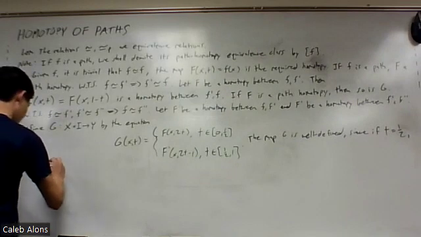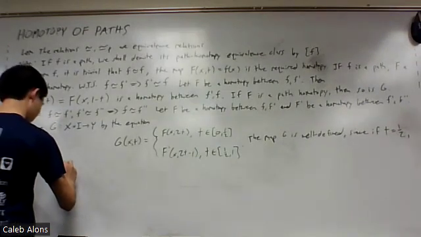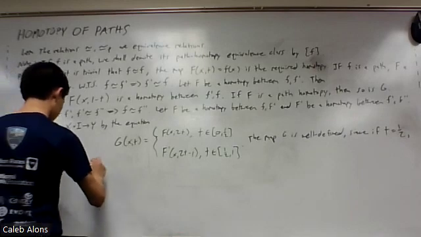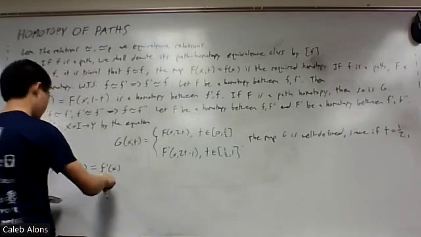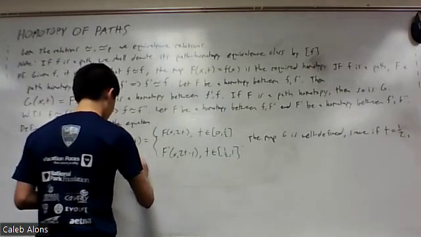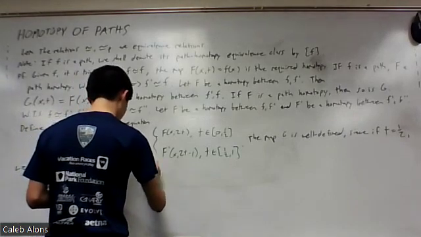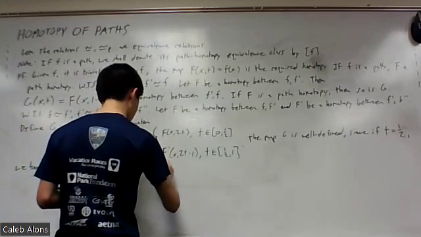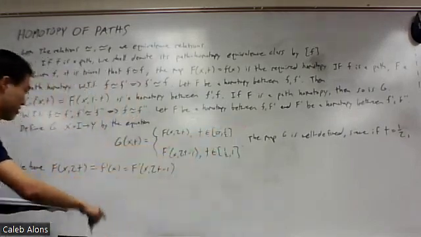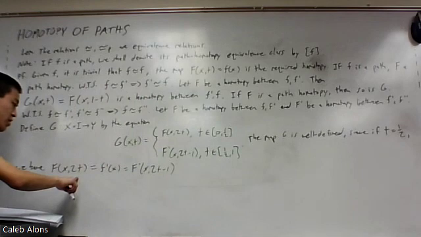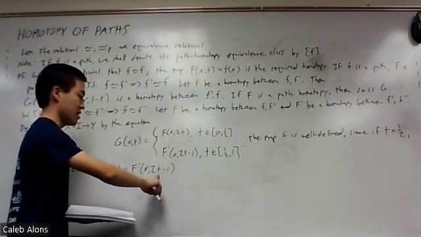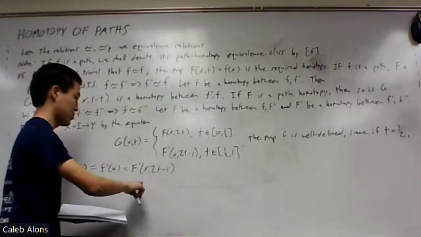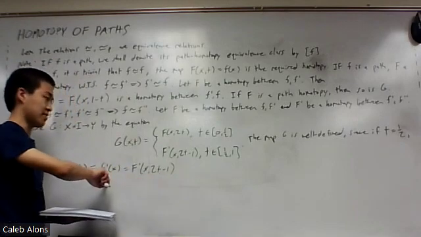We have that F(x, 2t) would be F(x, 1), which is how we define it to be f prime. And f prime is how we defined it to be F prime(x, 2t minus 1), which becomes F prime(x, 0), the initial point of the next homotopy, which is the same thing.